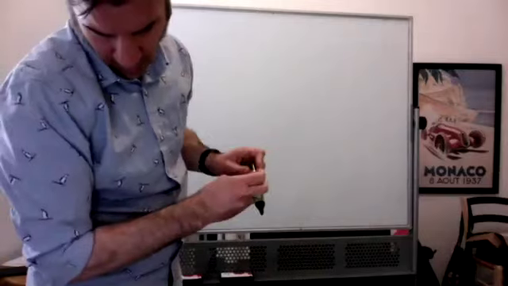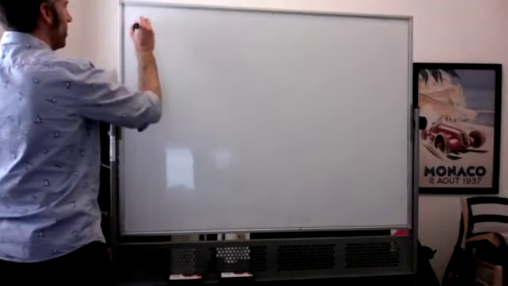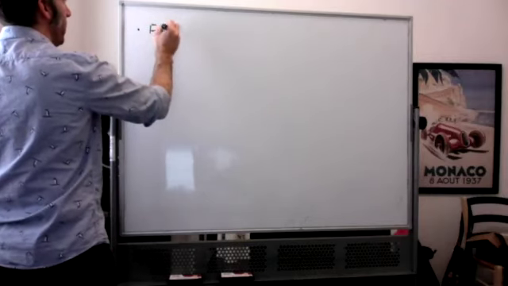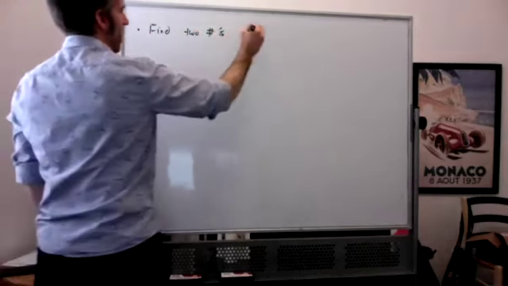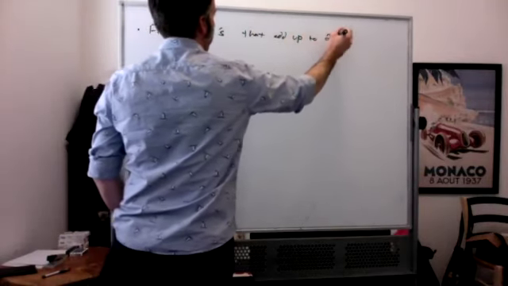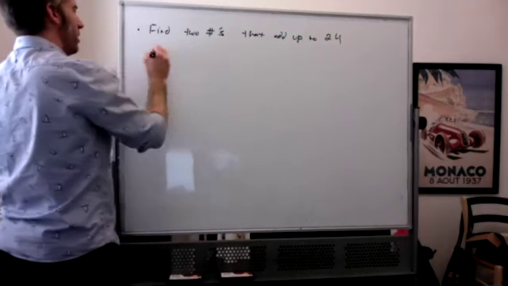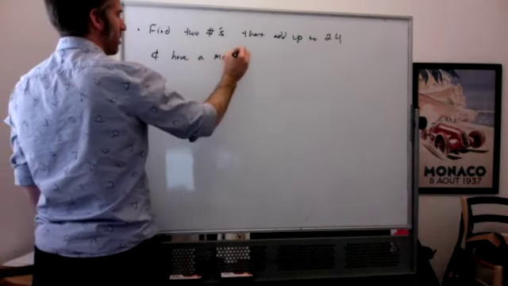Let's look at a couple. Let's look at this one. So this first one was: find two numbers that add up to 24 and have a maximum product.